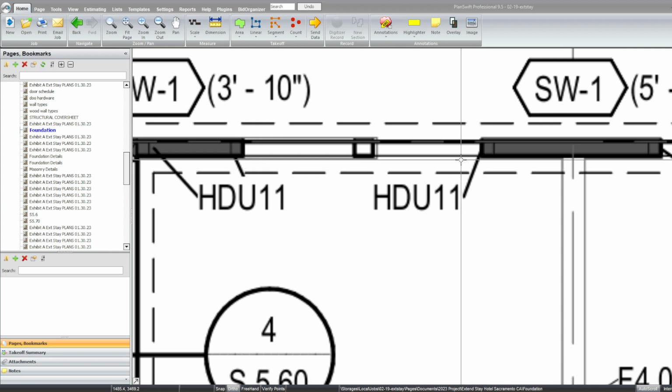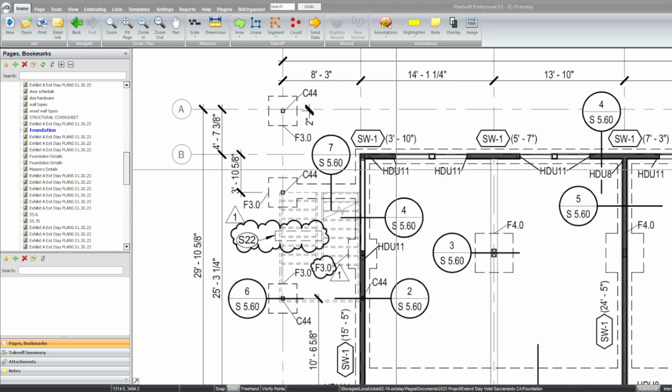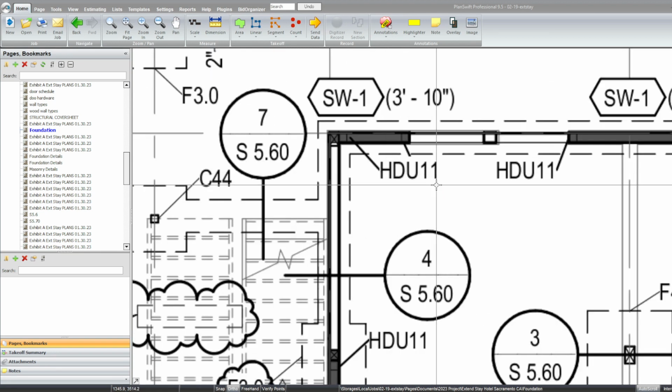So it's giving you the locations of the hold downs, the HDs. Okay, so let's look real quick, if I can do this without messing up.